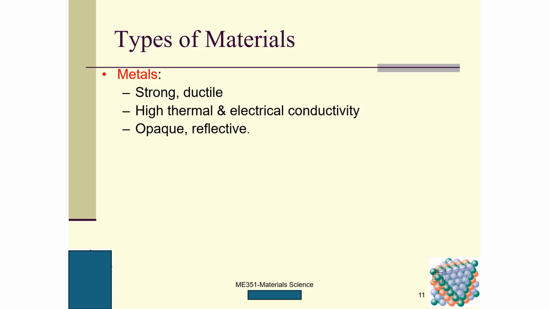Especially you can see the metals, for example cast iron and steel, are strong. They have high thermal and electrical conductivity, and metals are opaque and also reflective.